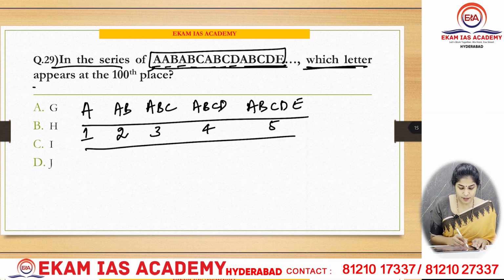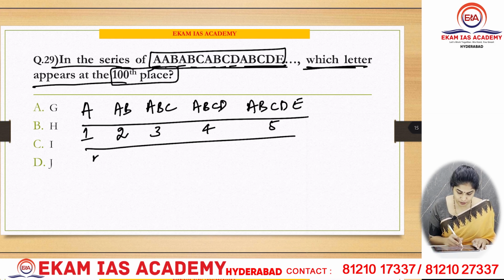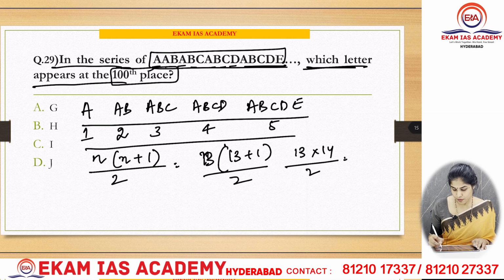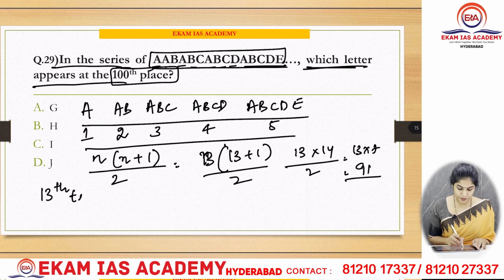Which letter appears at the 100th place is being asked. So let us go with n into n plus 1 by 2. Let's go with 13. 13 into 13 plus 1 by 2, which is 13 into 14 by 2, which is 13 into 7 is 91. So up to the 13th term we have 91 letters, sorry.